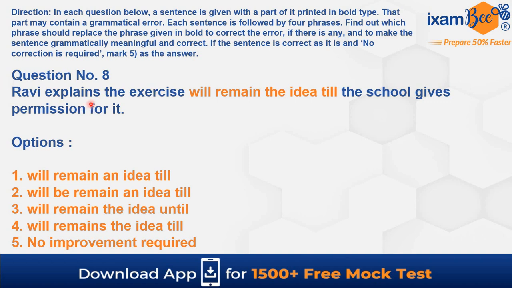Right. Question 8. Ravi explains the exercise will remain the idea till the school gives permission for it. What idea am I talking about? Right? Here there's a person, Ravi, who explains that the exercise will remain the idea till the school gives permission for it. There's some exercise students might have received from their school, right? Now what the person says is that the exercise has to remain an idea.